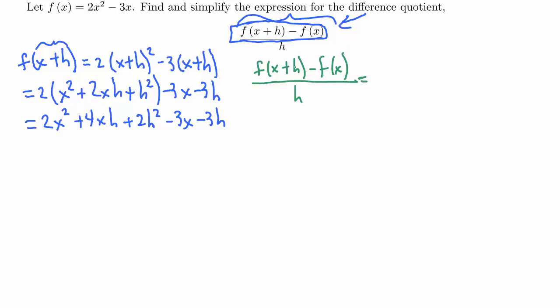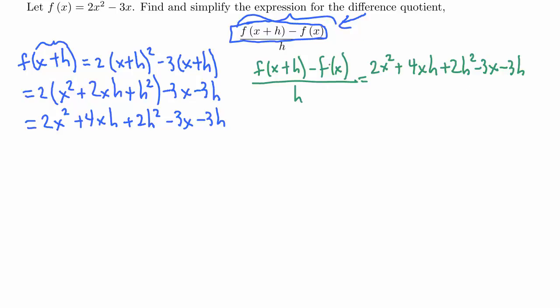So, replace f of x plus h with what it is. In this case, it's this entire thing over here. So that is 2x squared plus 4xh plus 2h squared minus 3x minus 3h.